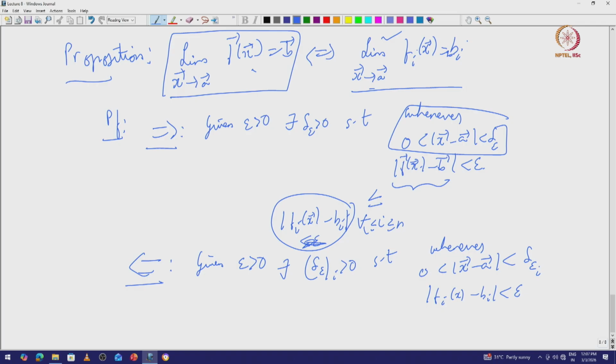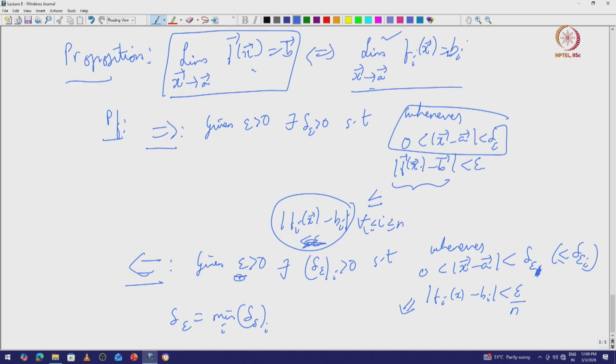So rather than epsilon, I'll make sure this is less than epsilon divided by n. Why? Because I can; no matter how small an epsilon I choose, I can always do this. Now what we can do is choose delta to be the minimum of all these delta_epsilon_i's, so whenever this is less than delta, which is less than delta_epsilon_i, this happens.